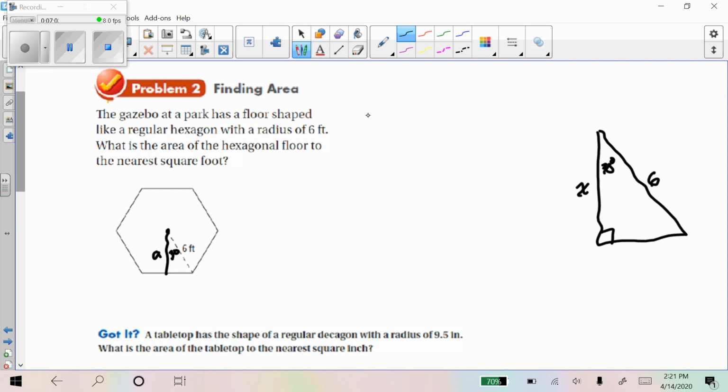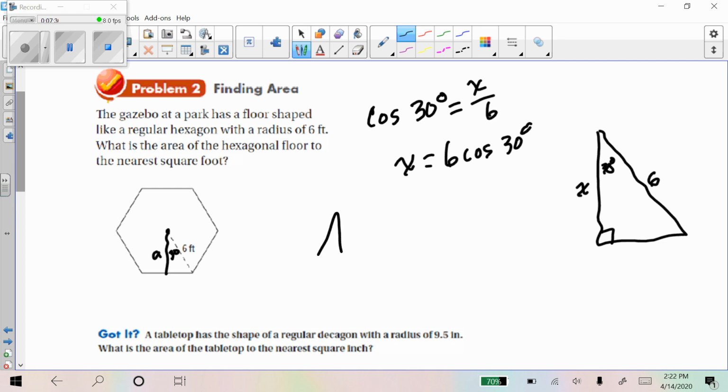The cosine of 30 degrees is equal to x over 6. So x is equal to 6 times the cosine of 30 degrees. I'm going to go ahead and use my calculator, figure out what that is, and then store it in x.